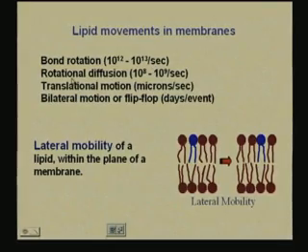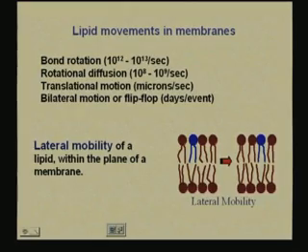The rotational diffusion is about 10 to the 8 to 10 to the 9 per second. So, you see how the lipid membranes, the bilayers are actually moving in a sense. We have a translational motion that can be measured in microns per second, and we have bilateral motion, something called flip-flop, that takes in the order of days for one such event to occur.